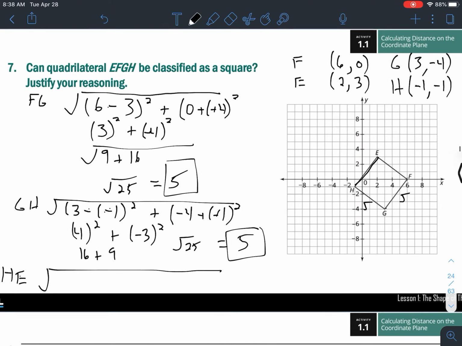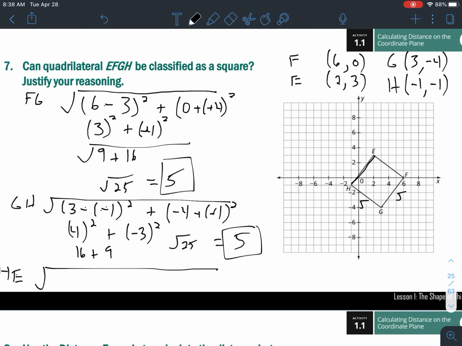So again, square root, and we're doing H to E, so it's going to be X is -1 minus 2 squared plus -1 minus 3 squared. -1 minus 2 ends up giving us -3 squared plus -1 minus 3 gives us, sorry, -4 squared. So you square that, gives you 9 plus 16.